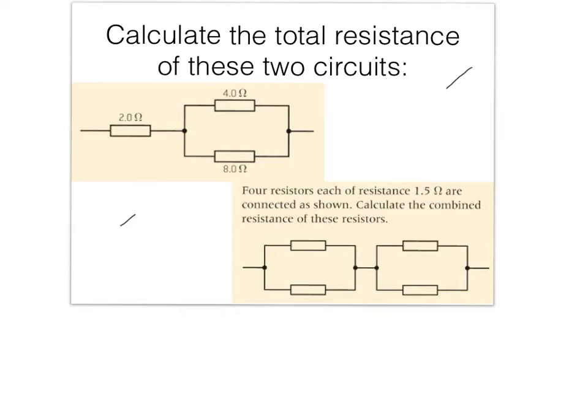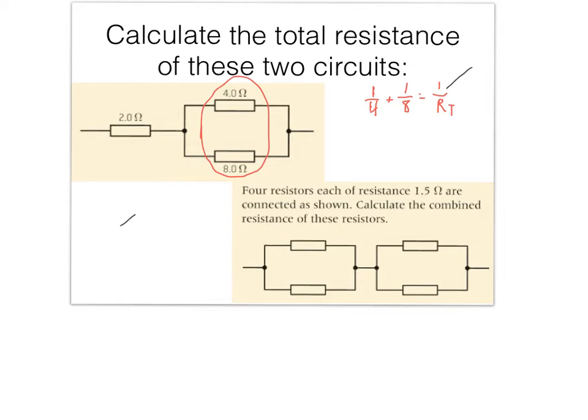So in this case, what I'm going to do first is find the effective resistance of these two together. We're just going to go 1/4 plus 1/8 equals 1 over the total resistance.